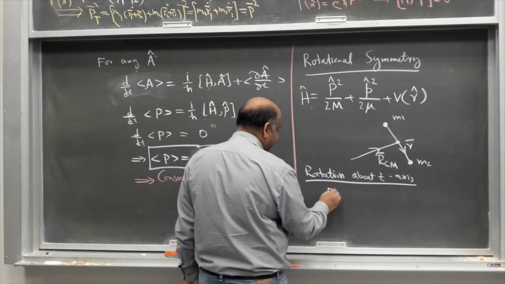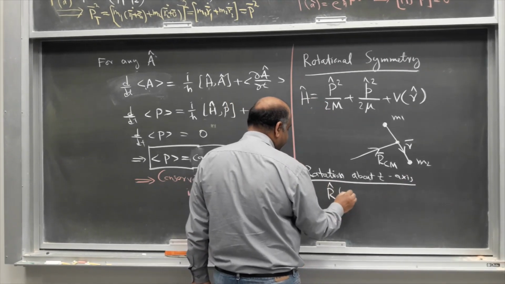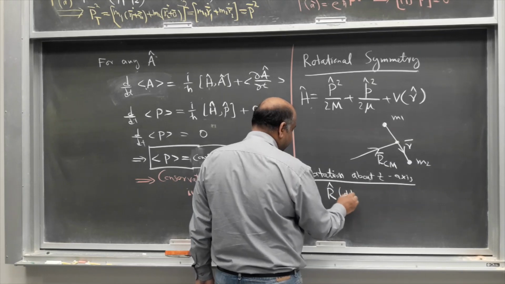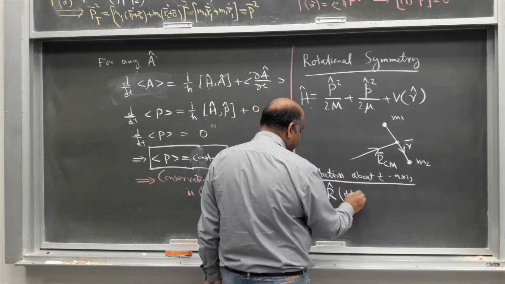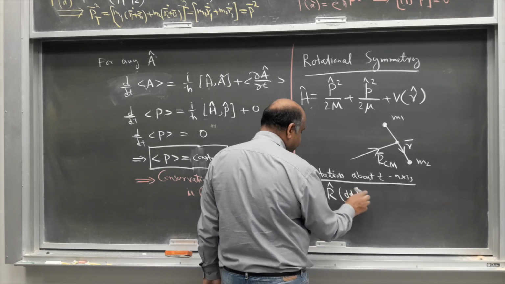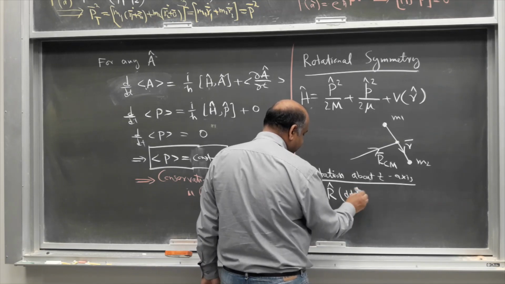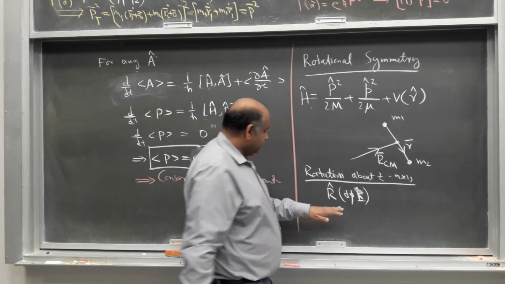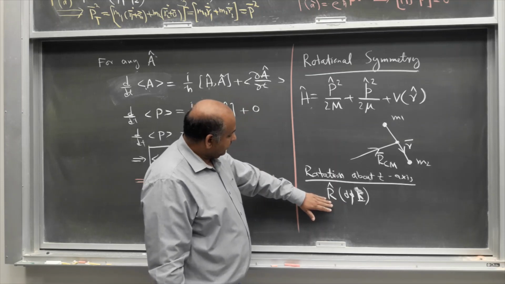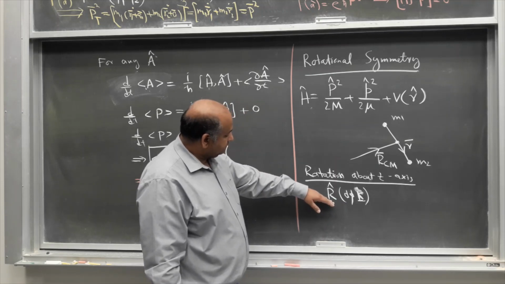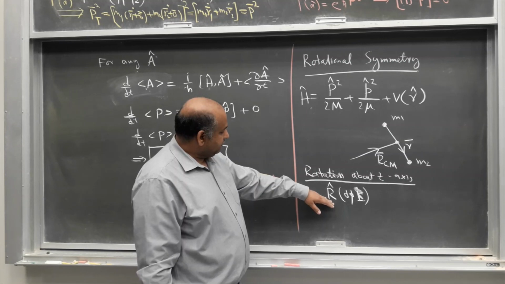Suppose we have a rotational operator which rotates by a small angle d phi around the z-axis. Let me write this with the k vector here. So this is the rotation vector, and we will see that it has a generator, which is the orbital angular momentum.